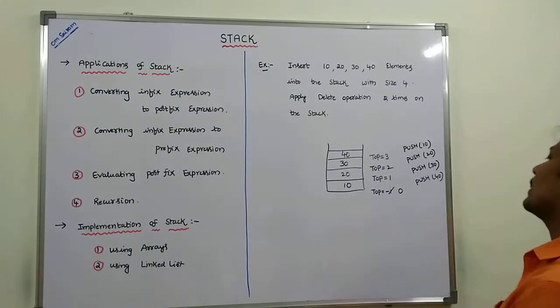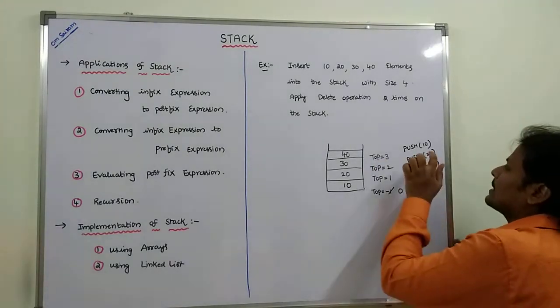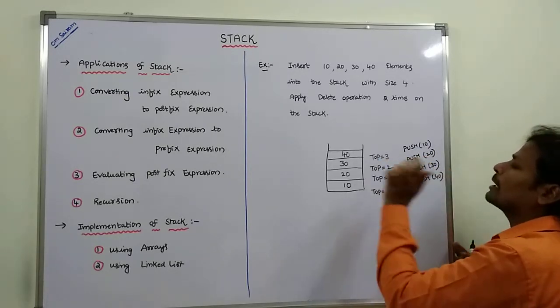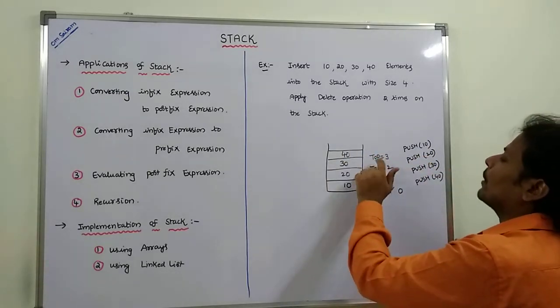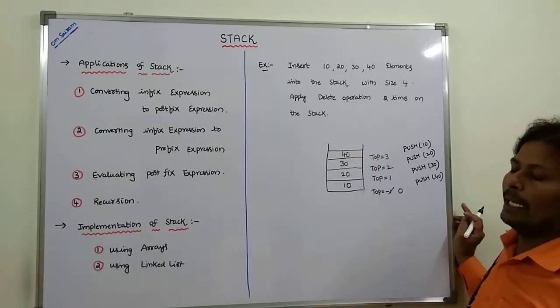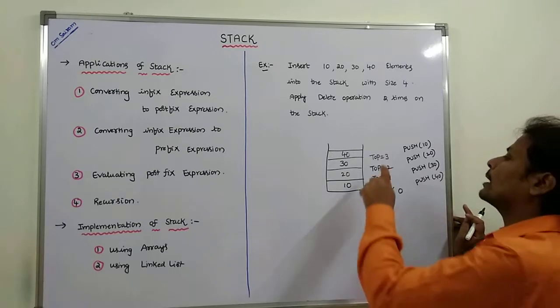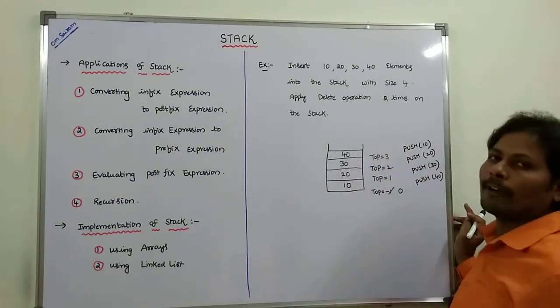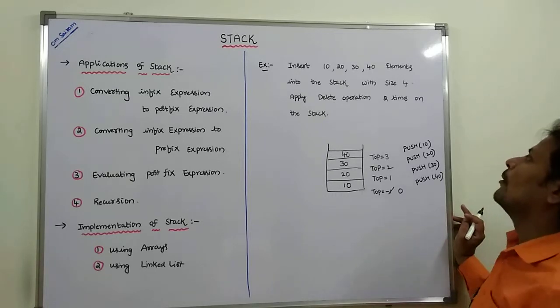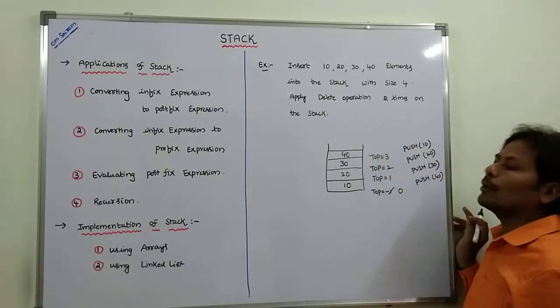After inserting 10, 20, 30, 40, top equal to 3. The top pointer points to the element 40 at the top of the stack. So 4 means 0 to 3.